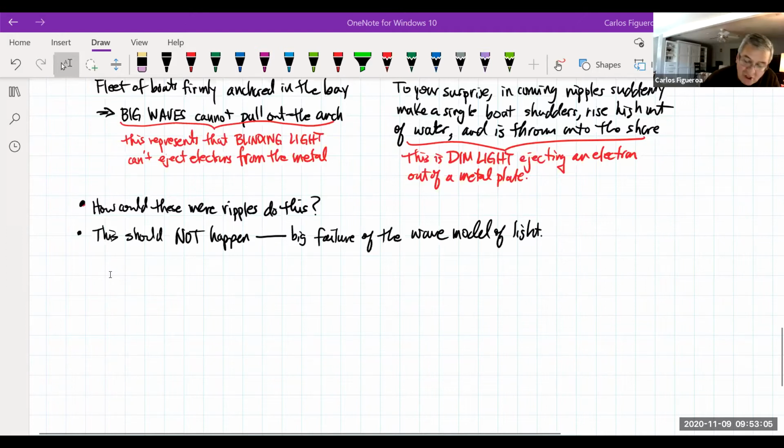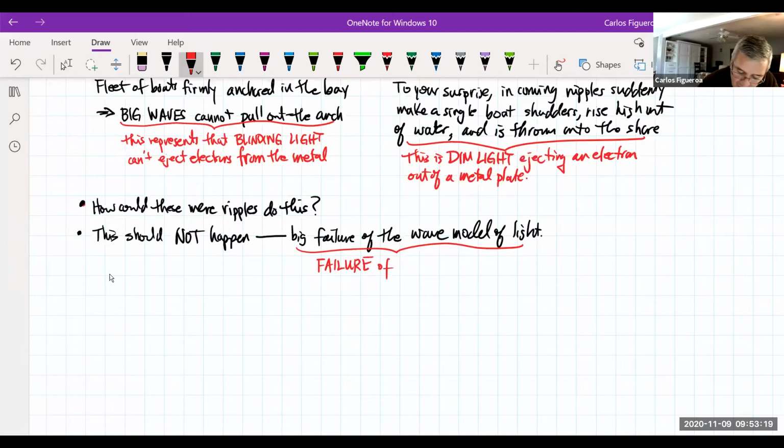So to solve this dilemma right here, okay, right? This is a big deal. Let me write this nice and big. It's a failure of classical physics.